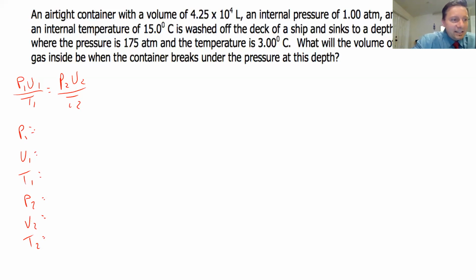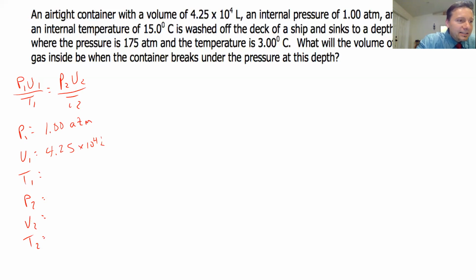So it says here that an airtight container has a volume. So my initial volume is 4.25 times 10 to the 4th liters. It says my initial pressure is 1.00 atmospheres.